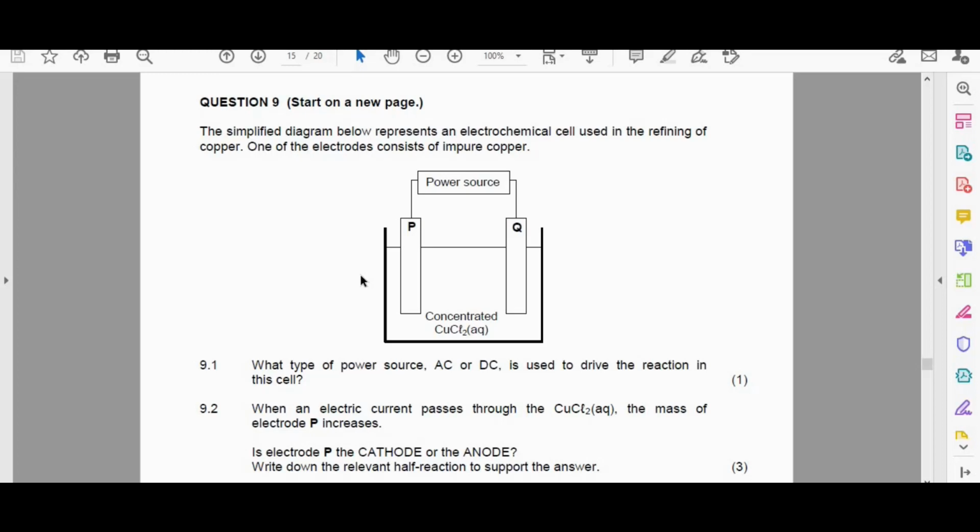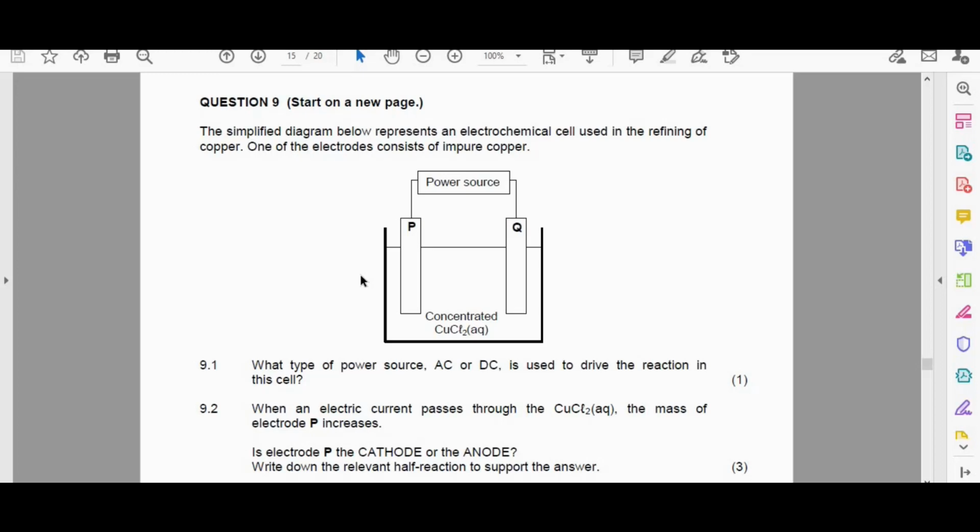With an electrolytic cell, I'm also just going to teach from this question. You're going to use a DC battery, which is direct current. You will 9 times out of 10 use a DC battery, or power source, unless, of course, they state that they have used a rectified alternating current or alternating current power source.